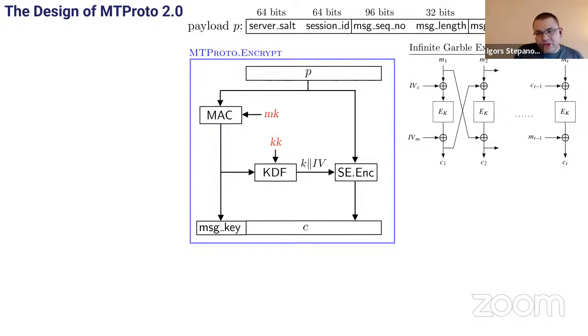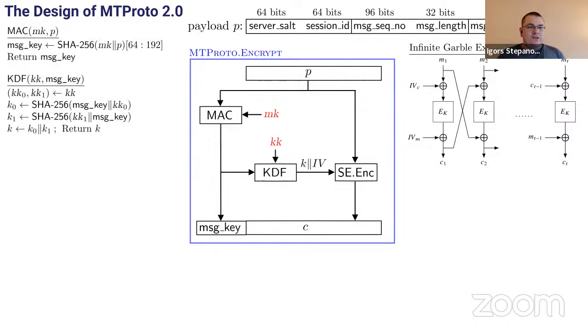However, observe that when compared to the CBC mode, IGE in addition XORs each plaintext block with the next ciphertext block. This makes it rather straightforward that if CBC provides ciphertext indistinguishability from uniformly random strings under random keys, then so does IGE. And we show in our work that this property is sufficient. So IGE is fine for the purpose of MTProto.